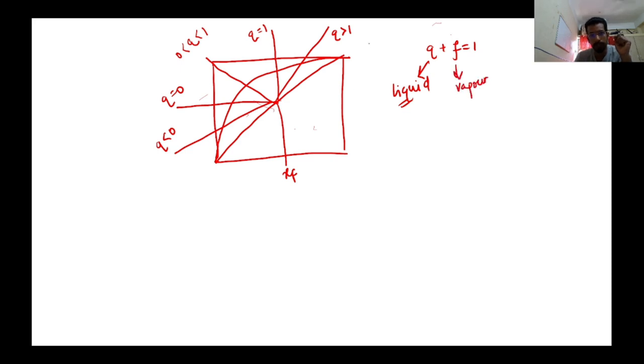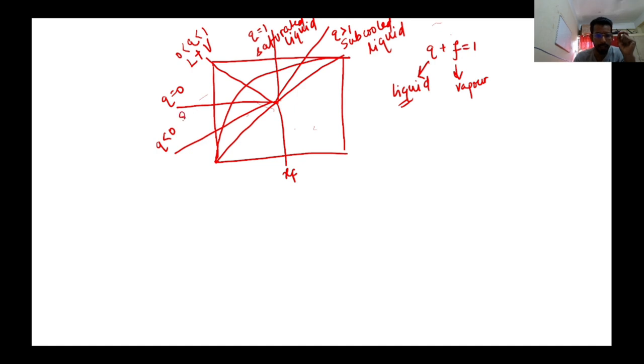Always remember, when q is greater than 1, that means subcooled liquid: liquid will be in the majority and will be subcooled. Liquid will dominate. q equal to 1 is saturated liquid, about to vaporize. Partially vaporized, here we have liquid plus vapor as well.